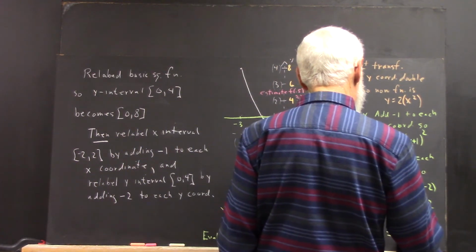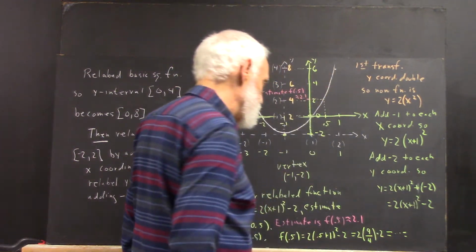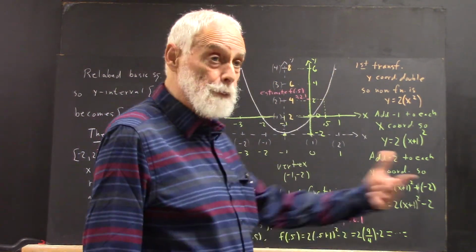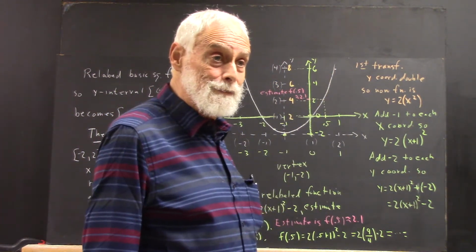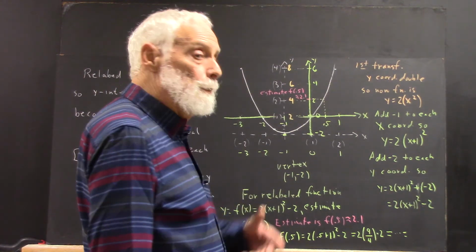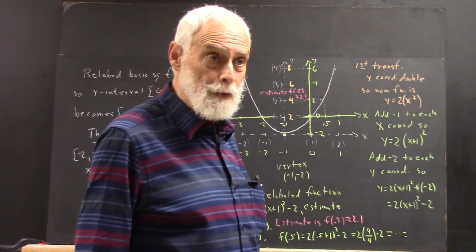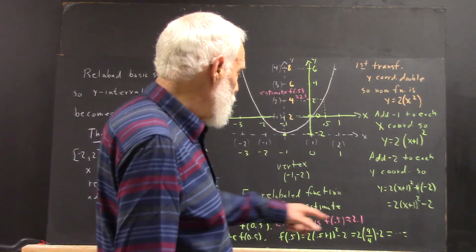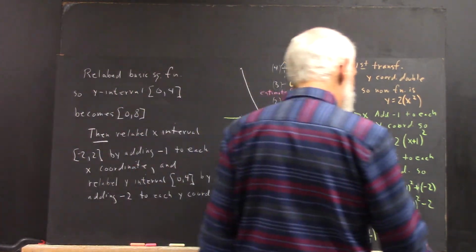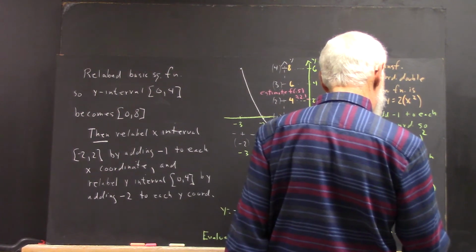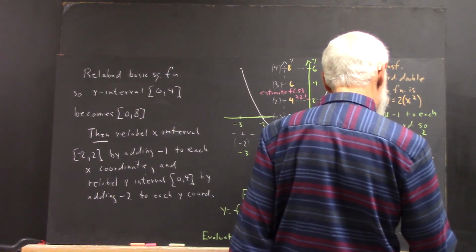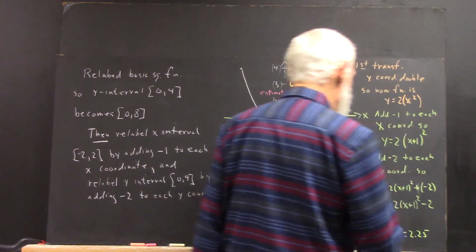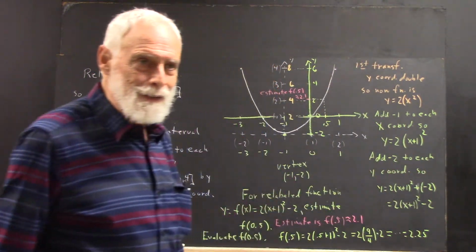And if you do it with decimals, of course, you can do that. 1.5 squared is 2.25. Now I'm mixing fractions and decimals.